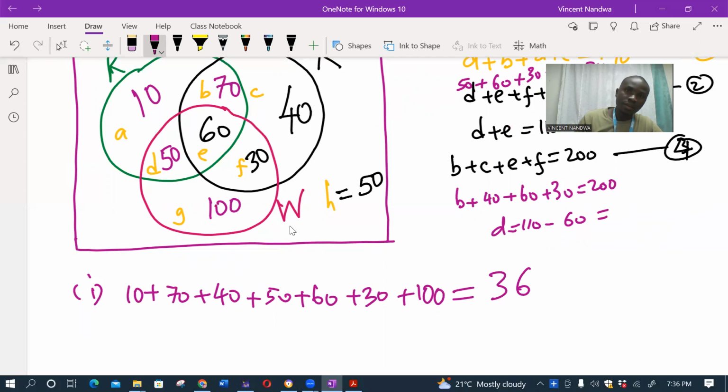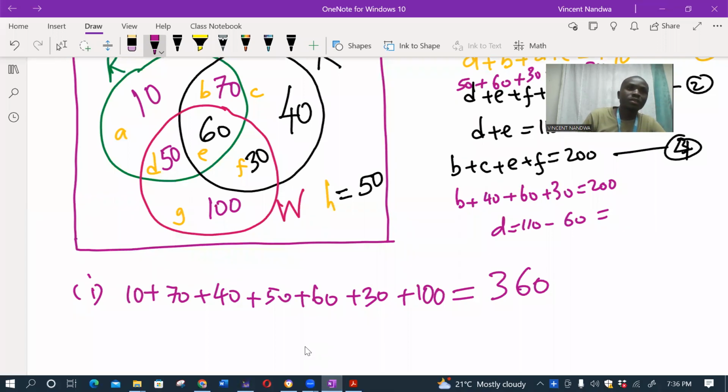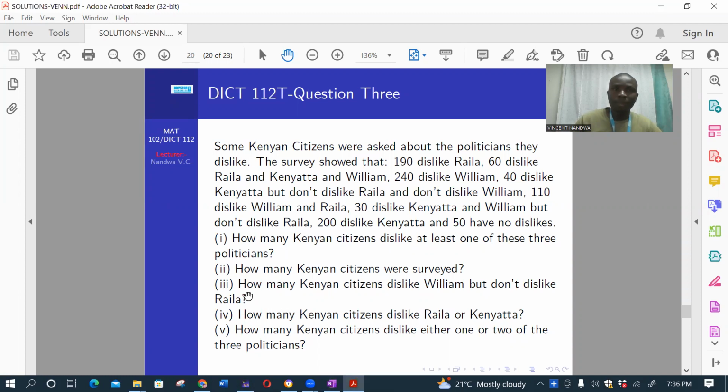So the answer for the first part is 360. How many Kenyan citizens were surveyed? That means the total from A to H, which is 360 plus what was outside, 50. When we add, we get 410. So 410 Kenyan citizens were involved in this survey.